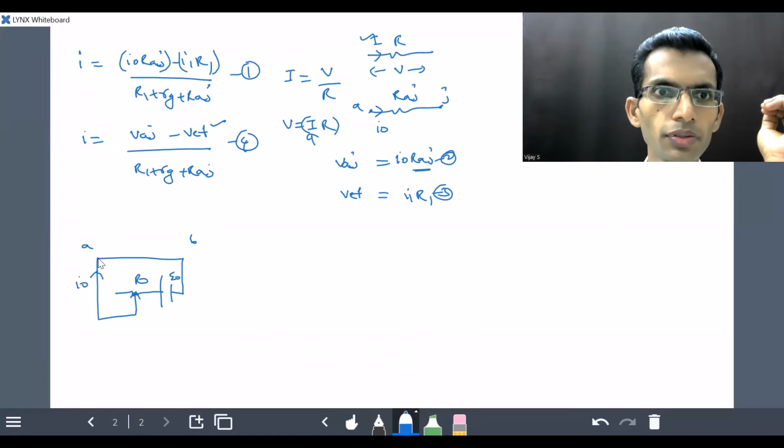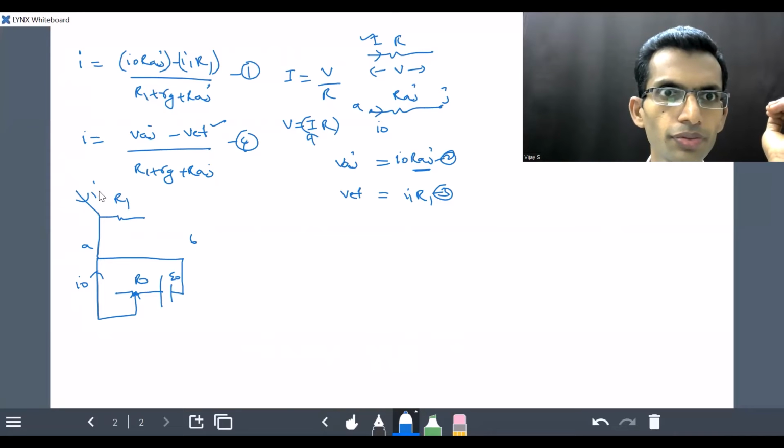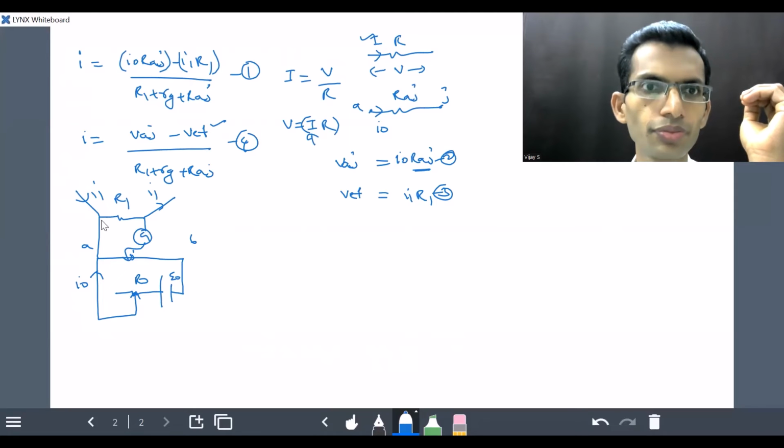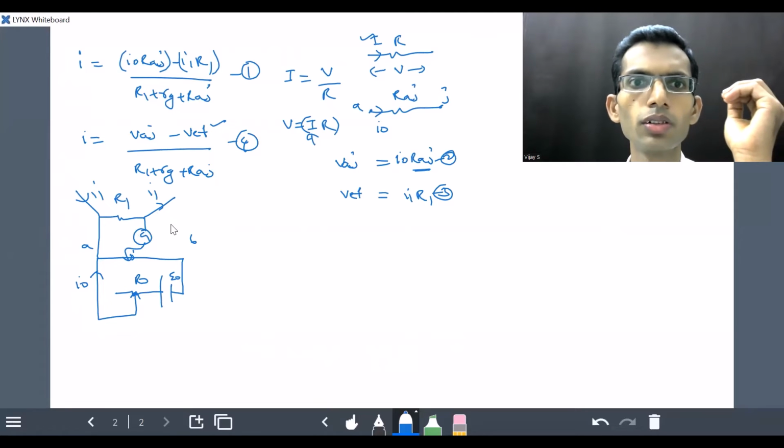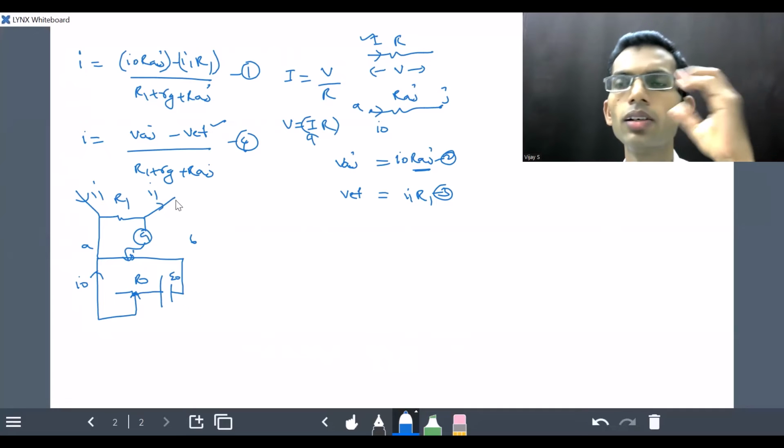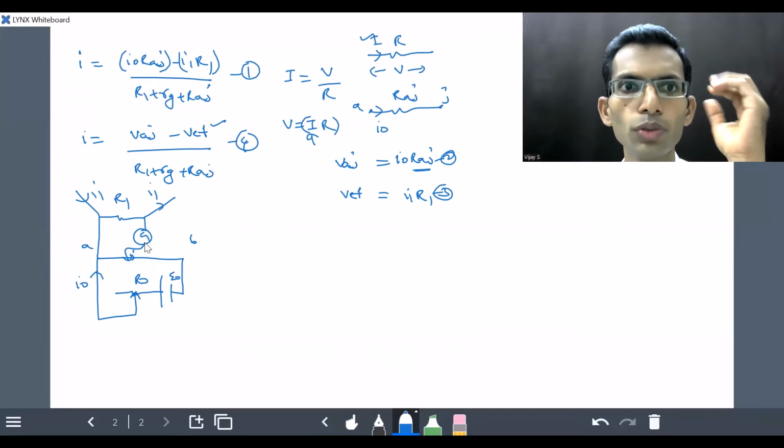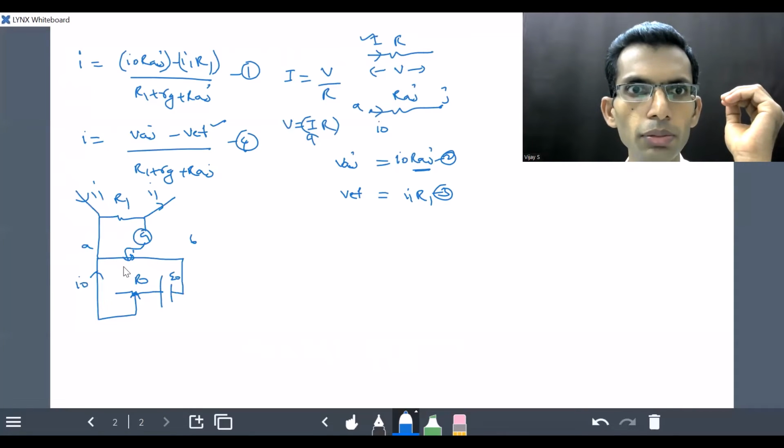In the sub-circuit, we have resistance R1 and galvanometer like this. When we move the moving contact J on the wire AB, what happens?